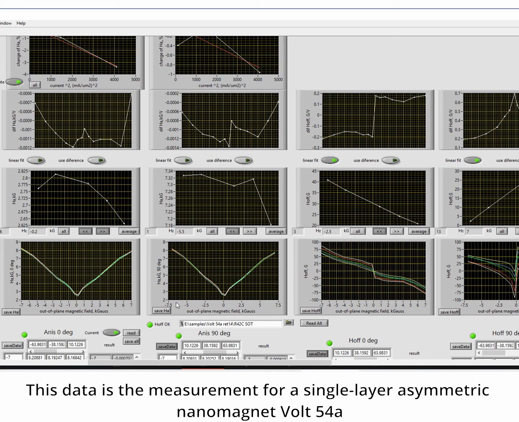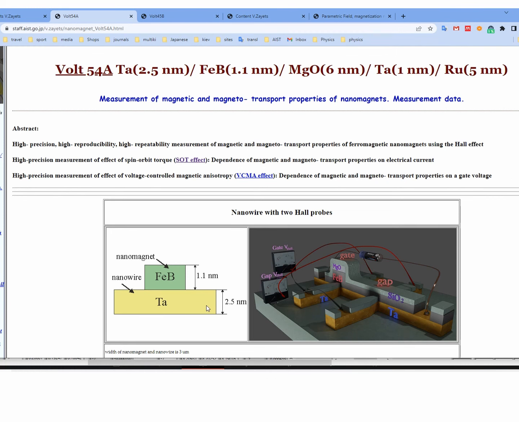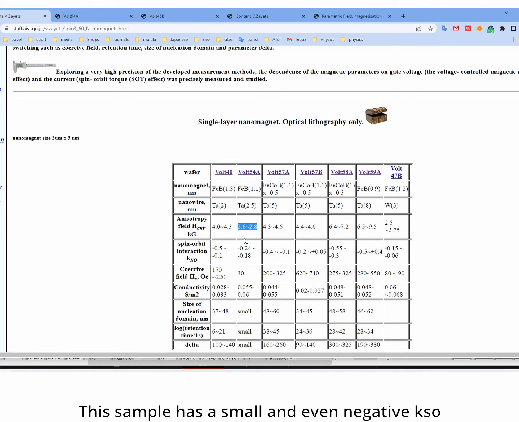This data is the measurement for a single-layer symmetric nanomagnet, Volt 54A. This sample has a small and even negative coefficient of spin-orbit interaction.